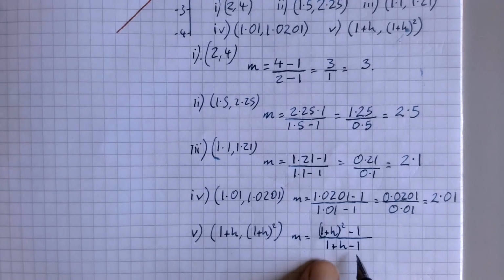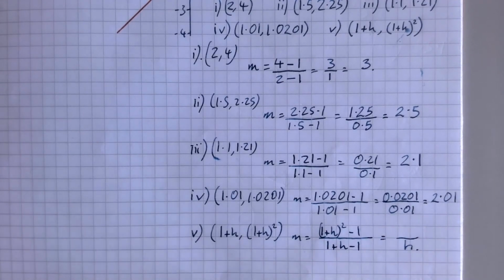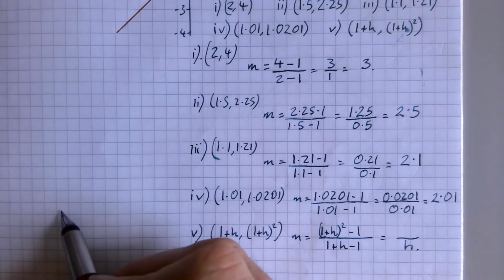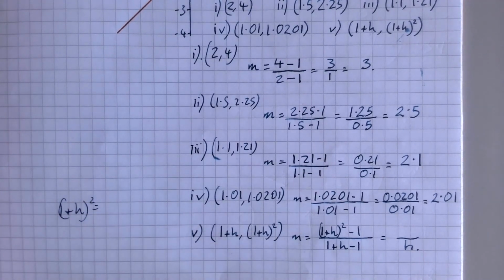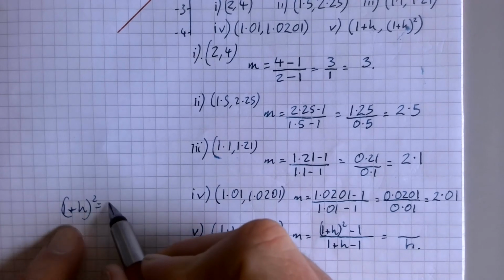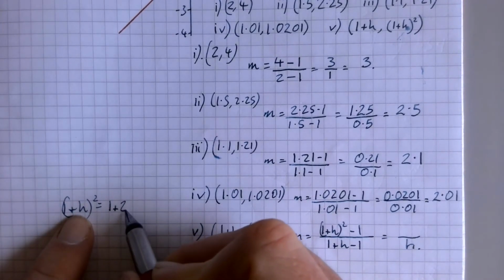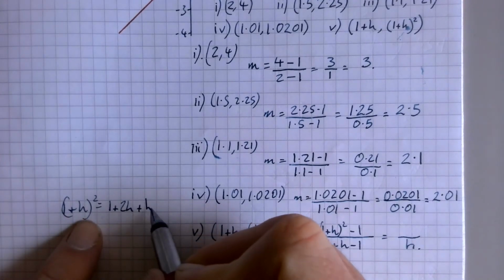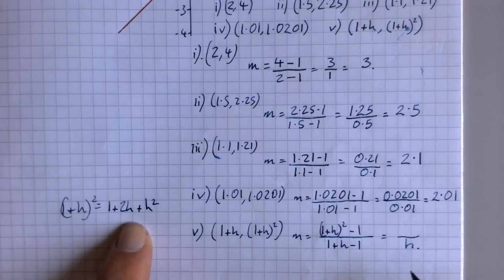Now that's quite simple. On the bottom's definitely going to leave me with h. In order to work out what this is, I need to consider what 1 plus h squared is, and it's not too tricky, is it? It's just like x plus 1. 1 squared is 1, plus you're going to have 2h and h squared when you expand that bracket.